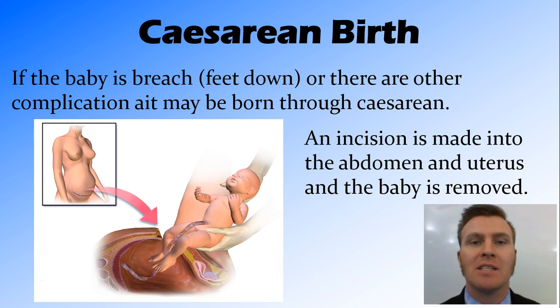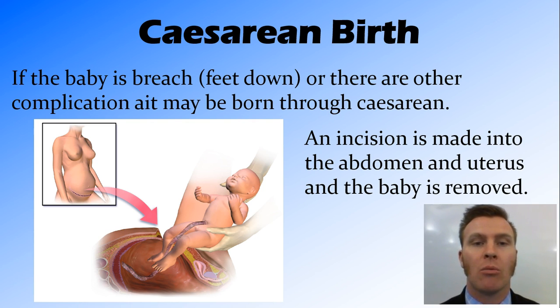If a baby is breech, and I talked about being backwards in the uterus before, having the feet down, this is a very dangerous situation for both baby and mother. So in the case of breech, usually the baby will be born by a caesarean.